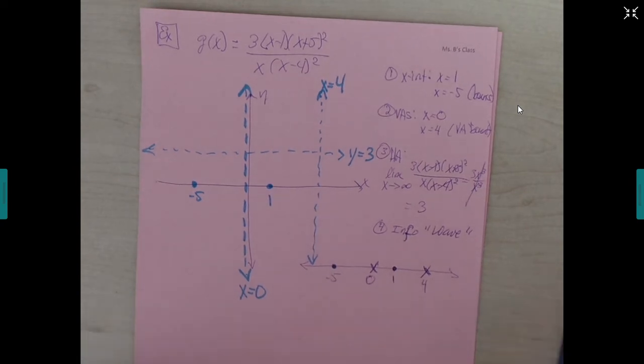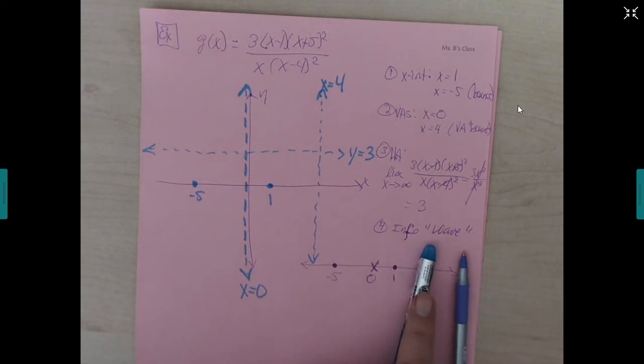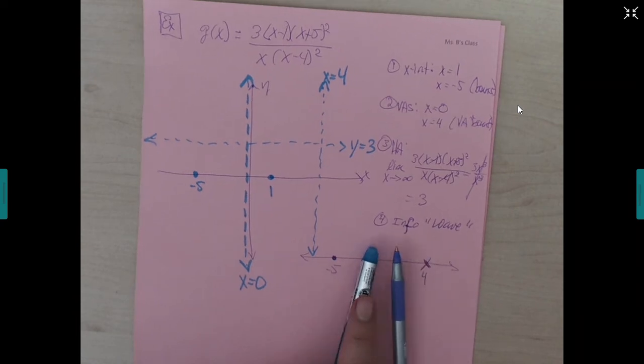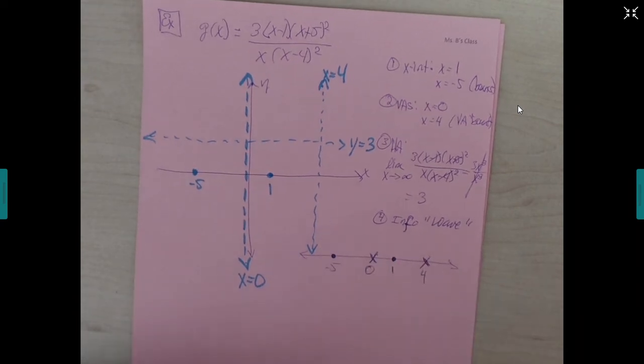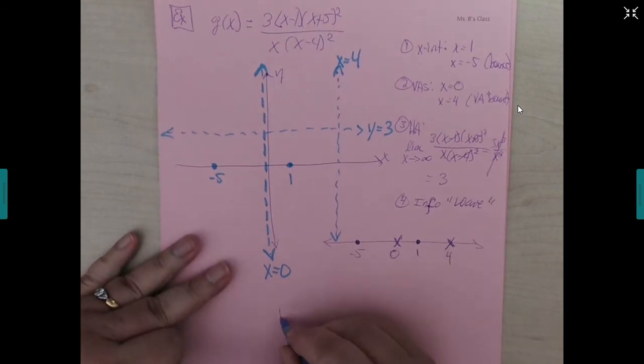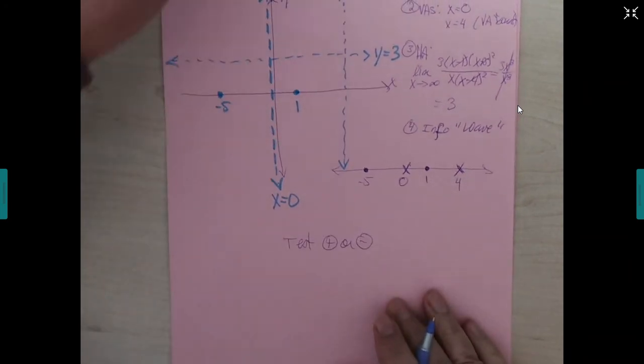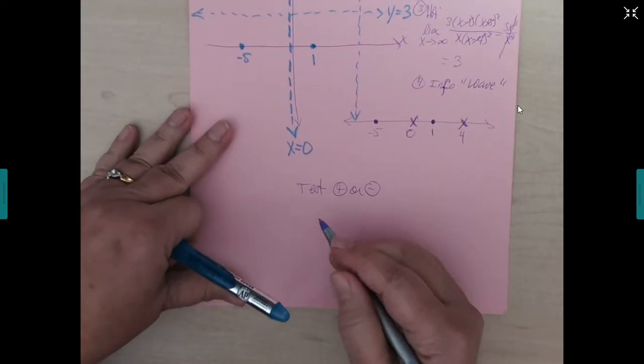Okay, good. So now you have 1, 2, 3, 4, 5 sections, right? Between here and here, here and here, and so on. So we are going to test your function. We're going to test it for positive or negative. Okay, so I'm going to write your function down.